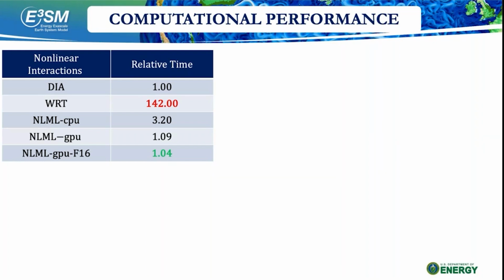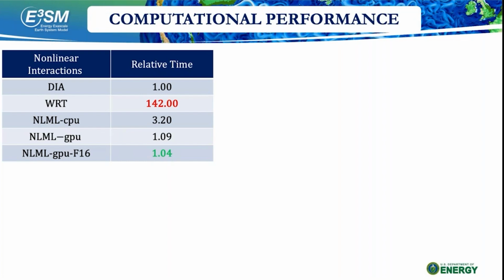Then we further use half precision inference on GPU, and we were able to reduce that by half to get 4% slowdown on GPU. So with half precision, we have only 4% slowdown, which is acceptable, and this is the first wave model with half precision inference.